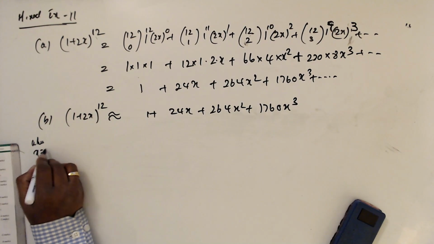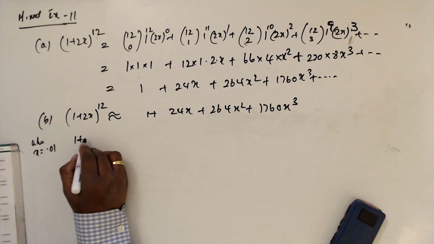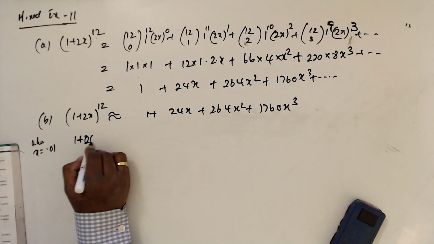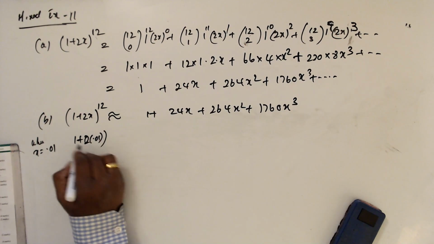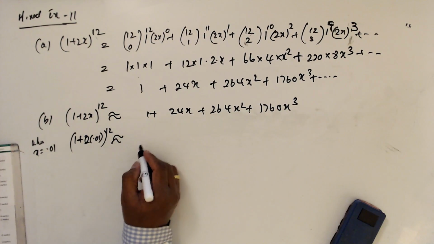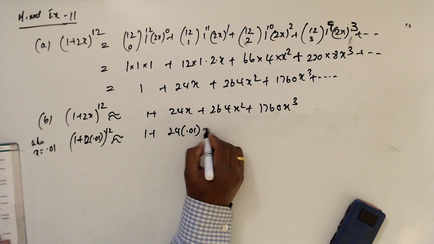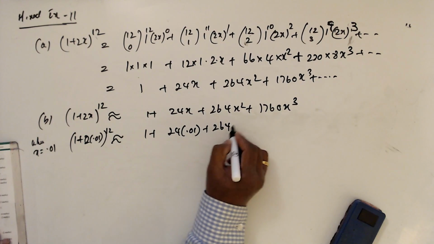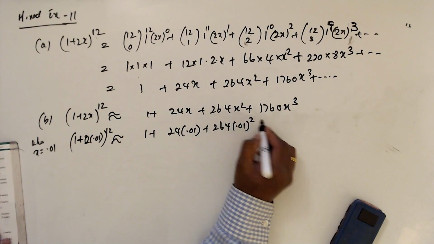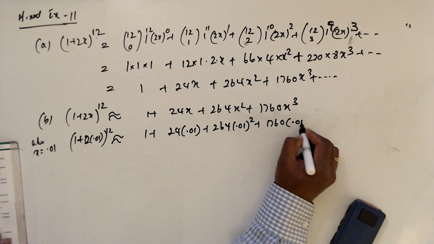When x equal 0.01, 1 plus 2 times 0.01 to the power 12 equals 1 plus 24 times 0.01, 264 times 0.01 squared, plus 1760 times 0.01 cubed.